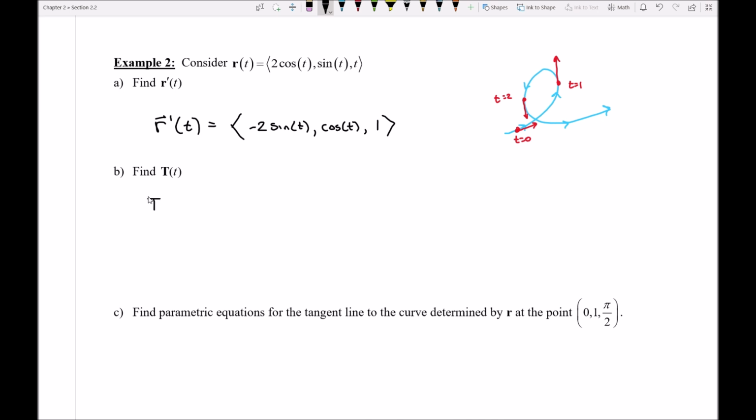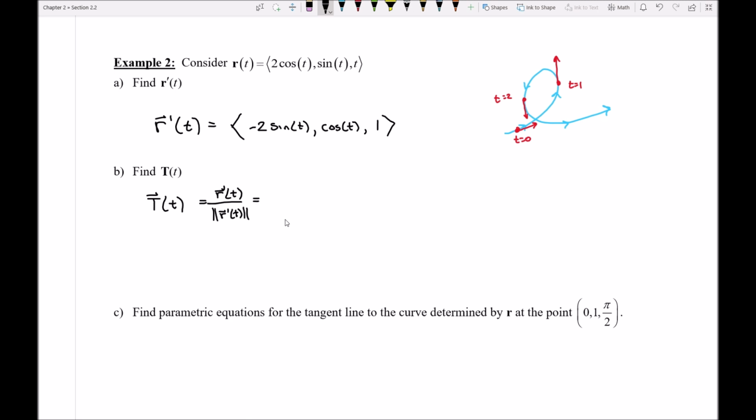To do that, we know that we just would have to take r prime of t and divide it by its norm. So we're going to have to calculate the norm for r prime of t, even though we don't know what t is yet. We're going to do this in general so we can tackle all the vectors on the curve at once.